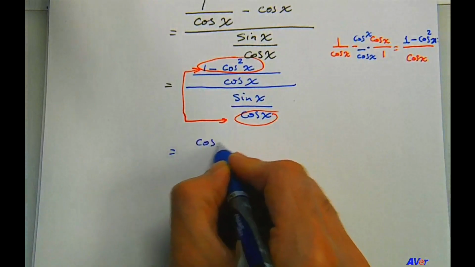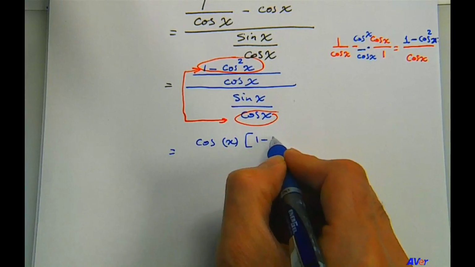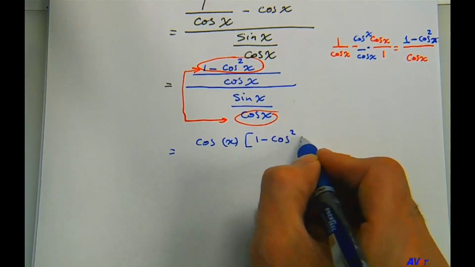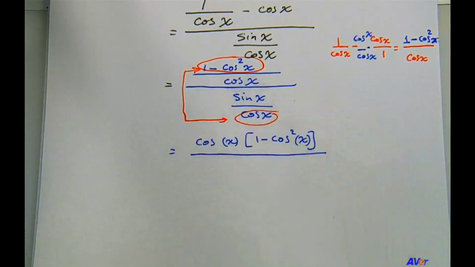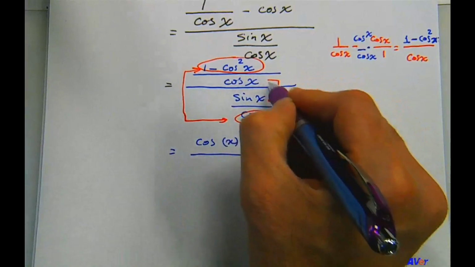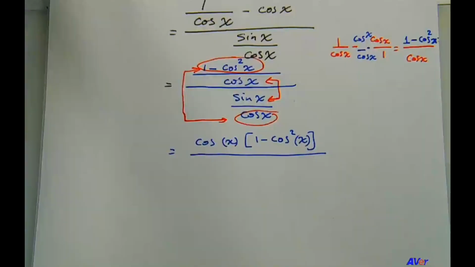So cosine of x times 1 minus cosine squared x, divided by the product of the nearest terms. These two terms are nearest to each other, so multiply them and put them in the denominator.